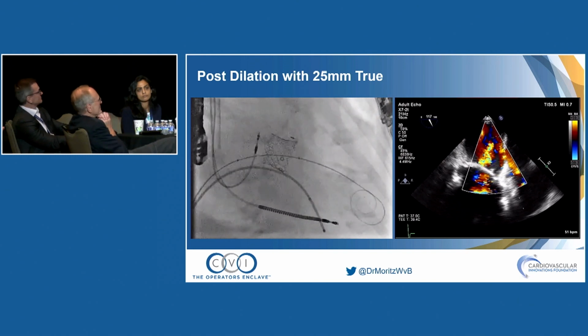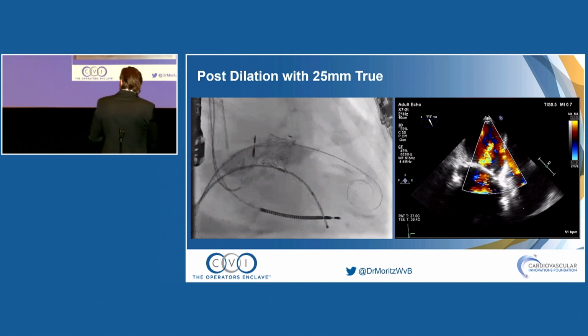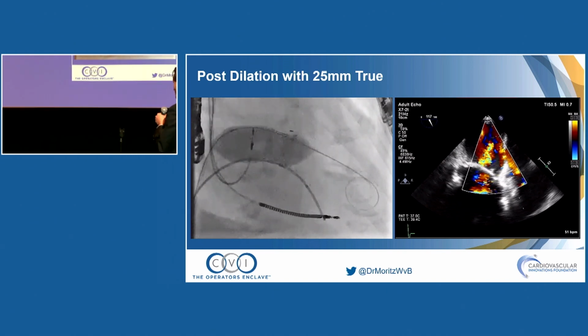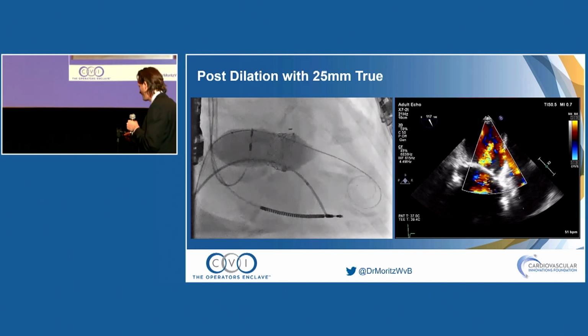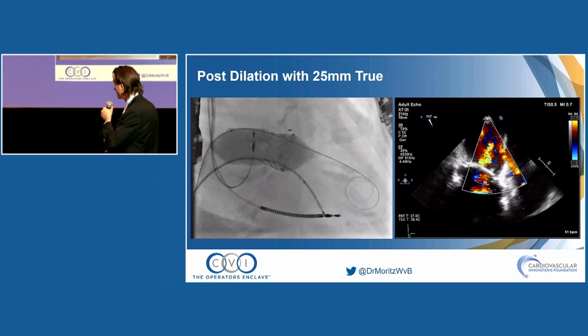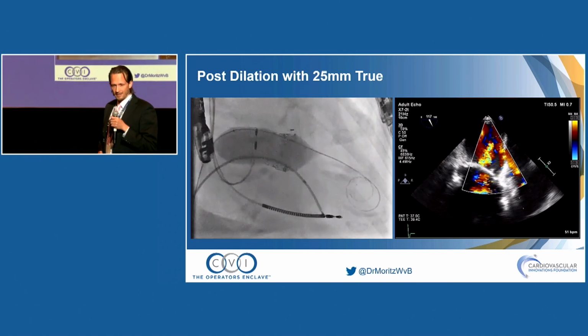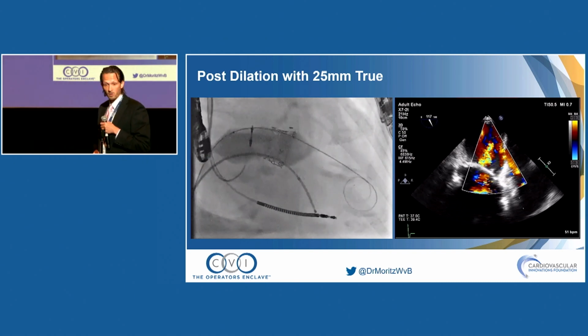The alternative here would have been, and I think that's a fair comment, to do a PVL closure, probably beforehand, and then put the valve in. In hindsight, that definitely would have saved a lot of headaches. So we did that, and that was complication number one.